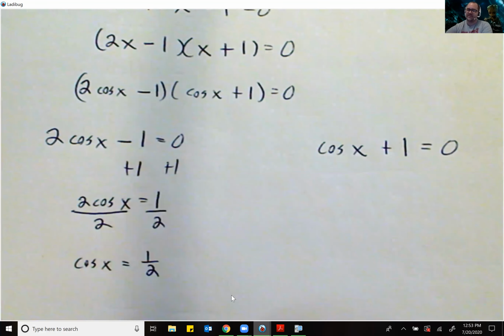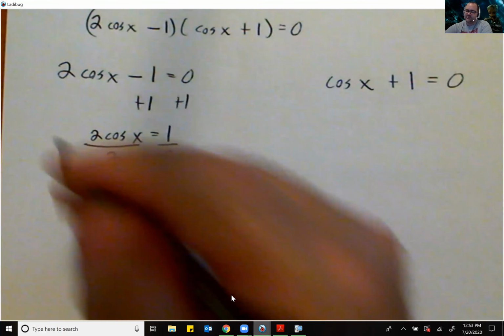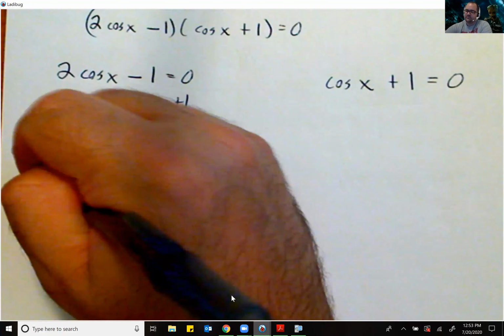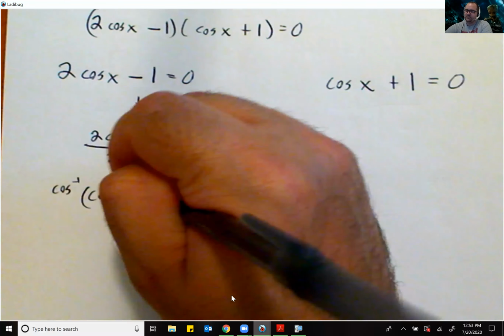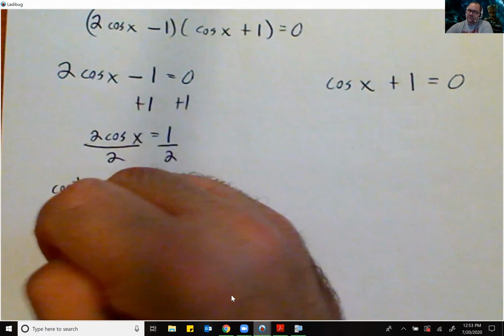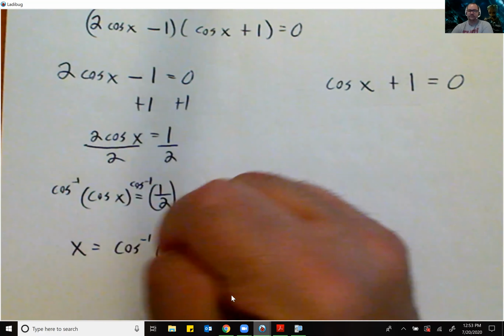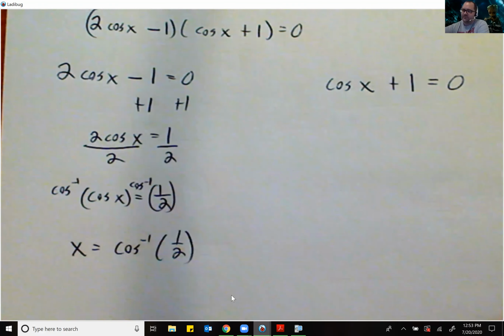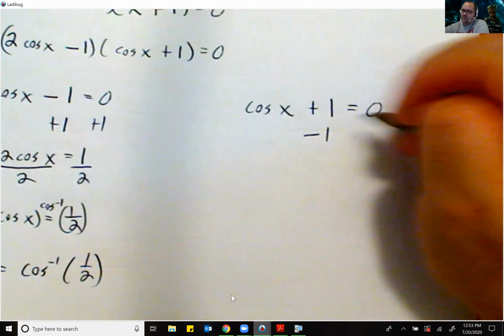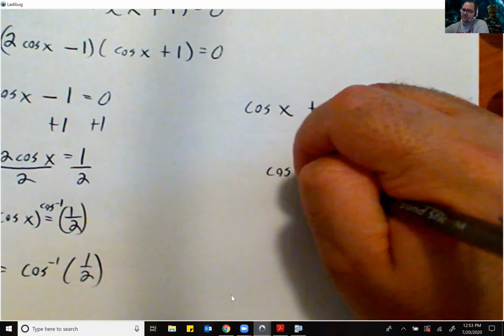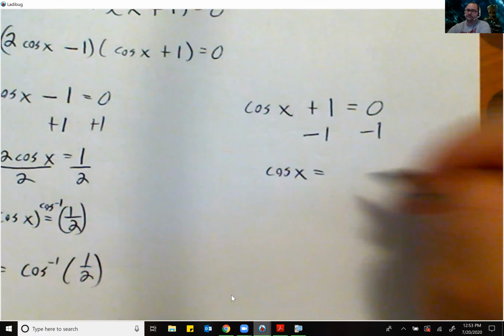How do I get x by itself? Inverse it. So x is equal to whenever cosine inverse is 1/2. Over here, all you're going to do is subtract 1, subtract 1. Cosine x is equal to -1.